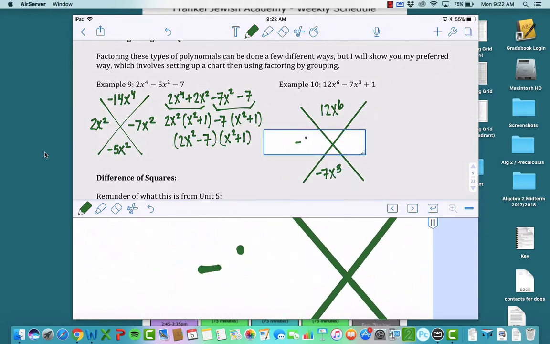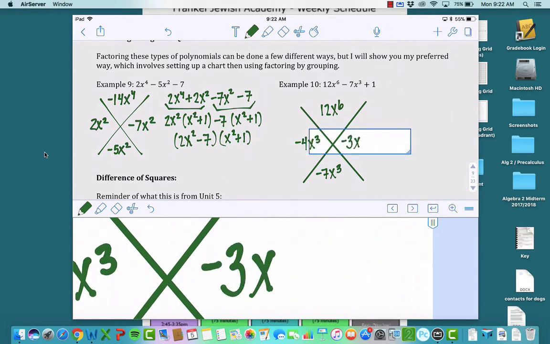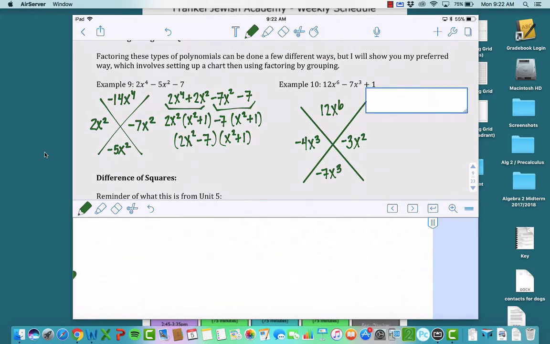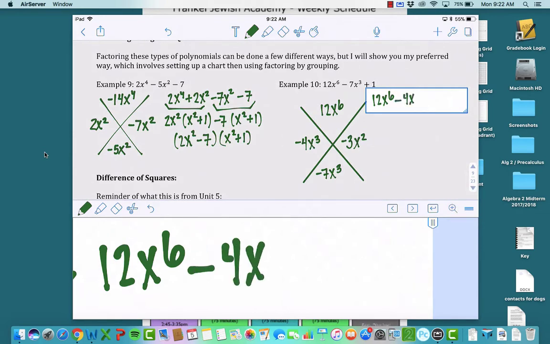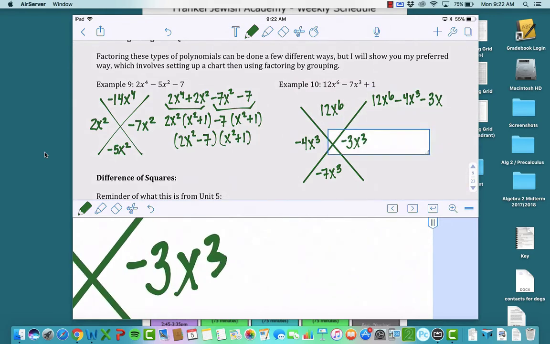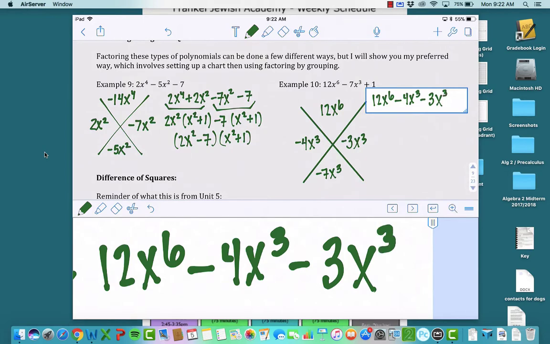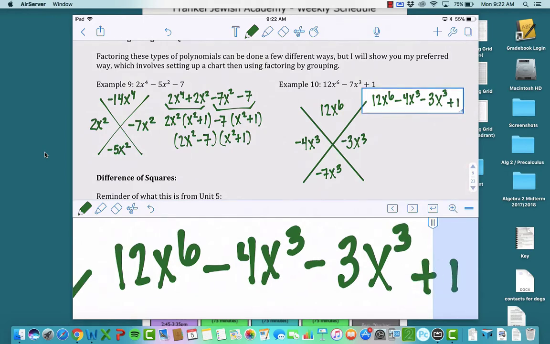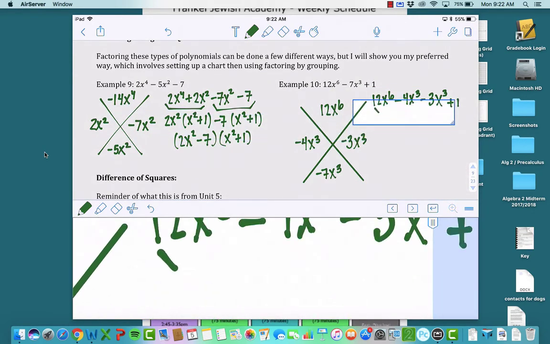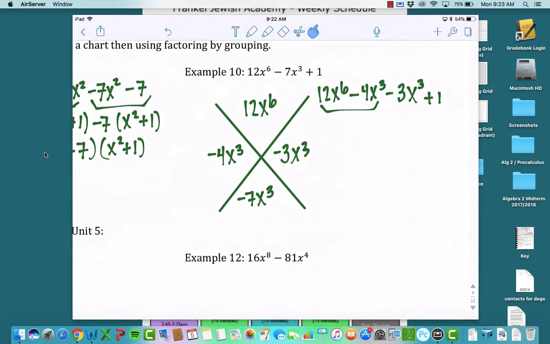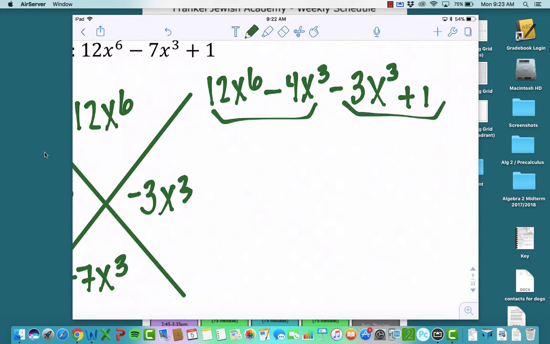It looks like negative 4x cubed and negative 3x cubed multiplied at the top. So I change it to 12x to the 6th minus 4x cubed minus 3x cubed plus 1. And then I group these together, and I group these together.